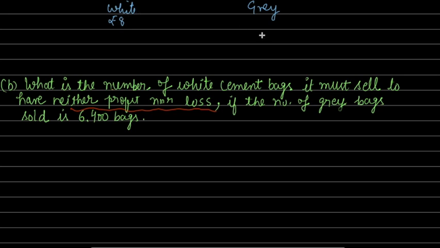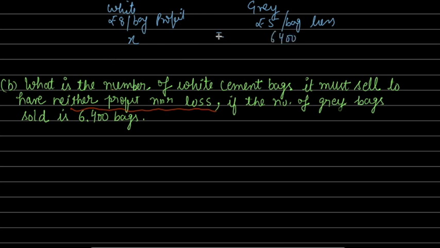Rupees 8 and rupees 5 per bag, this was profit, and this is rupees 5 per bag loss. Let's assume the number of white cement bags it must sell is X so that the profit and loss is same, neutral. And the number of grey bags it has sold is 6400.